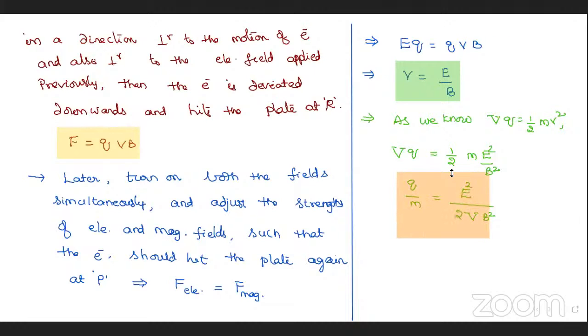This ratio of charge to mass is called specific charge. Observe here, Nana, it depends upon the electric field, magnetic field and applied potential.